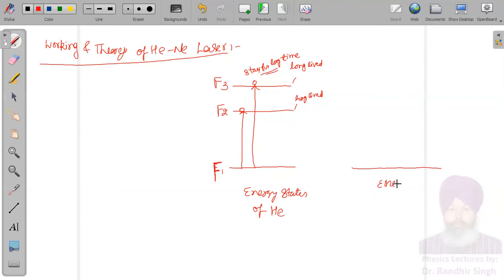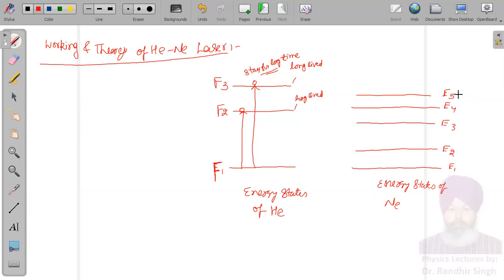The energy states of neon are: this one is E1, somewhere here E2, E3, E4, E5, and then E6.